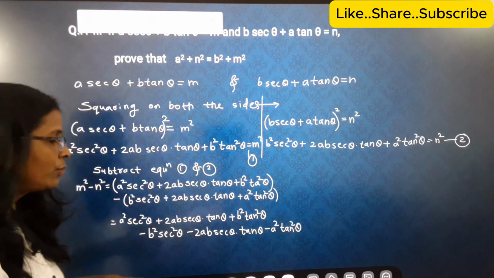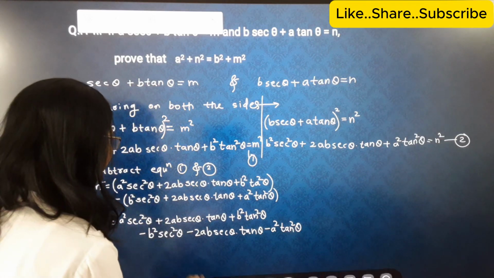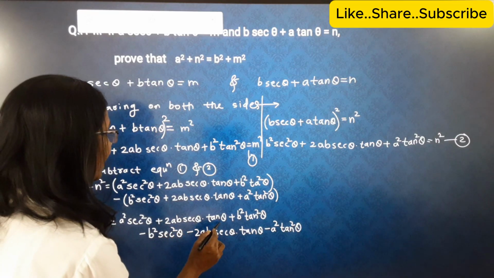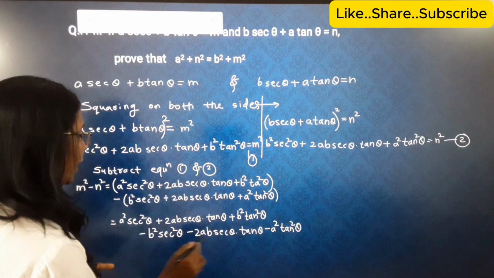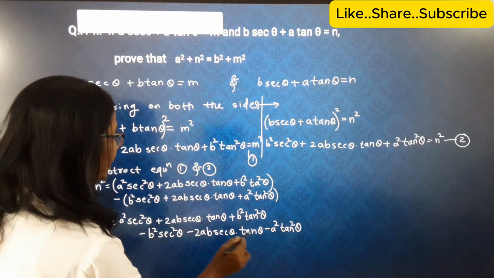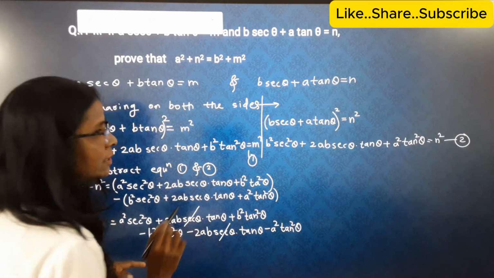Here is plus 2ab sec theta tan theta and here minus 2ab sec theta tan theta, so it will get cancelled.